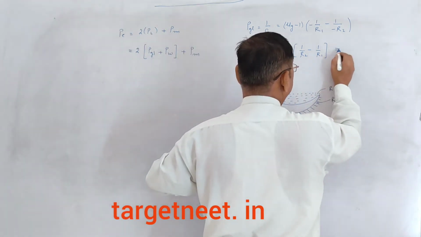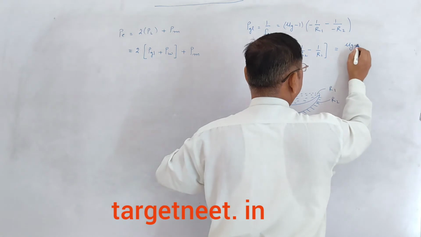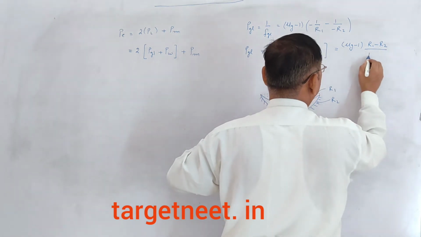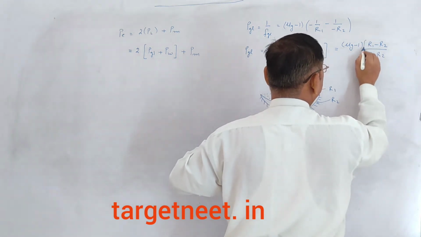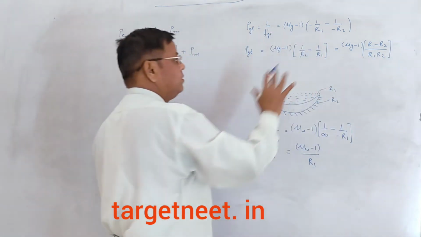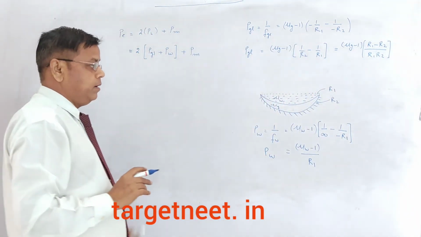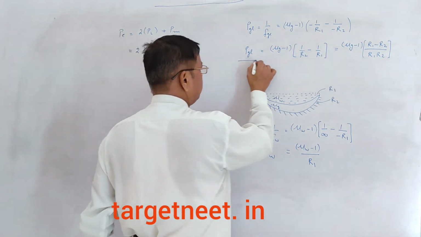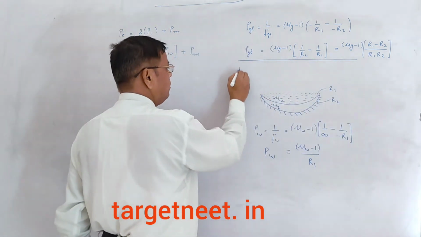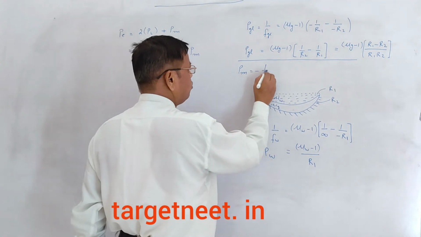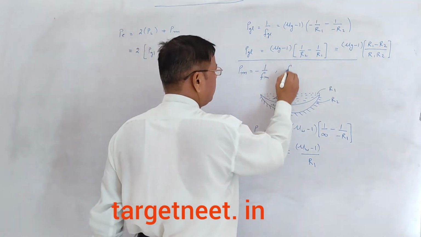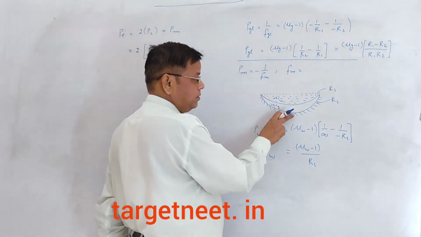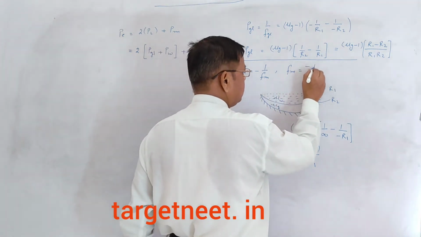Now if I write it like this, mu of glass minus 1 times R1 minus R2 upon R1 R2, it doesn't make any difference. So this is the power of the glass lens. Now what is the power of the mirror? Let us write the power of the mirror here. Power of mirror is minus 1 upon focal length of mirror, and focal length of mirror is r by 2, and this r is negative, so it is minus r2 by 2.